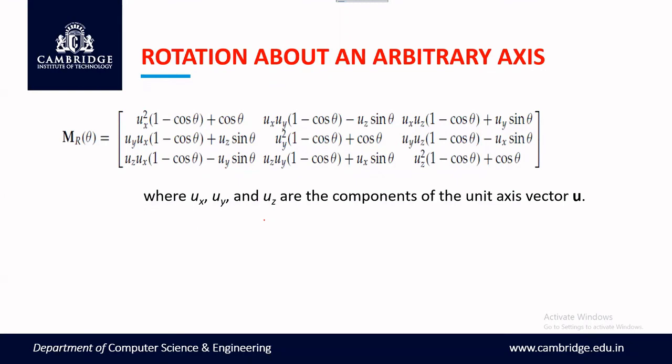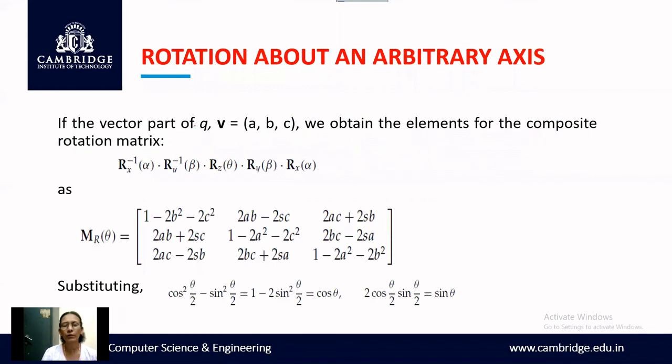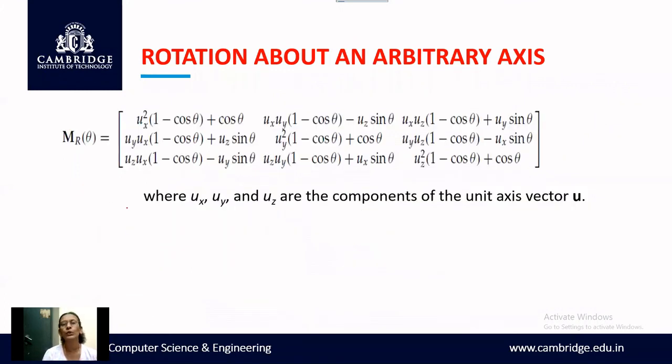So the vector along the u axis is divided into 3 components: ux, uy, uz. That is it. So the matrix MR theta can be reduced to this form.